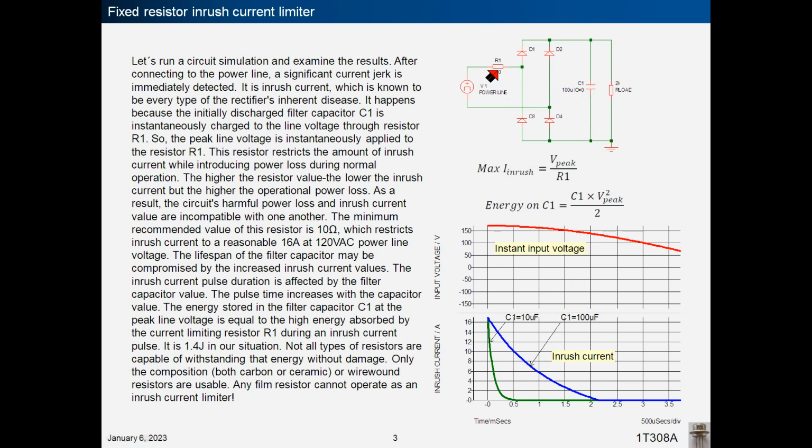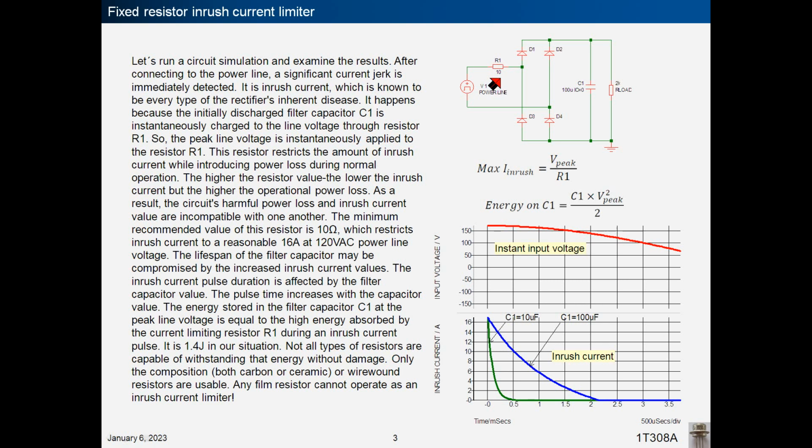So, the peak line voltage is instantaneously applied to the resistor R1, as shown in this equation. This resistor restricts the amount of inrush current while introducing power loss during normal operation. The higher the resistor value, the lower the inrush current, but the higher the operational power loss.